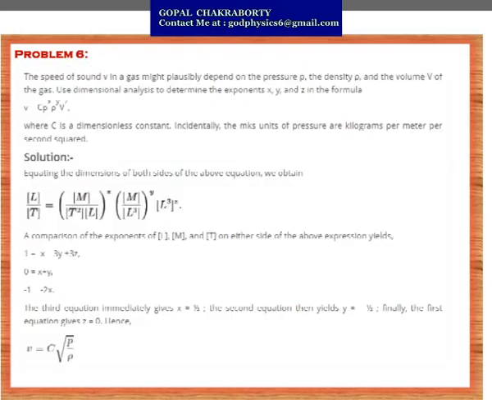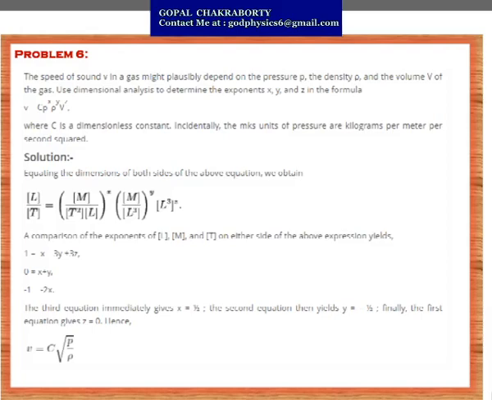Now the next problem: the speed of sound v in a gas might possibly depend on the pressure p, density rho, and volume V of the gas.